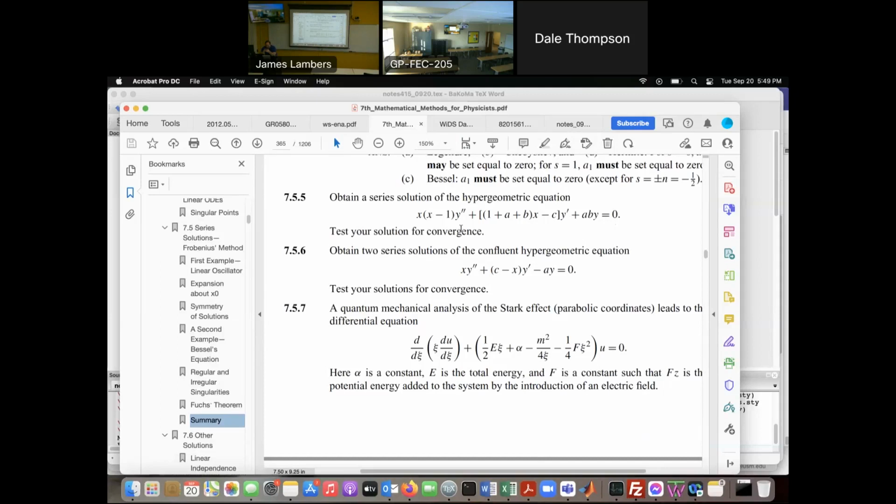It's okay. And, okay, where did I roll that? Okay, so, and here it just says, okay, just finding two solutions, test for convergence.